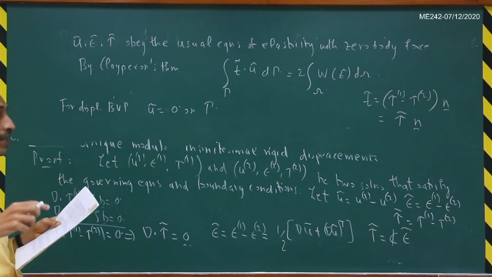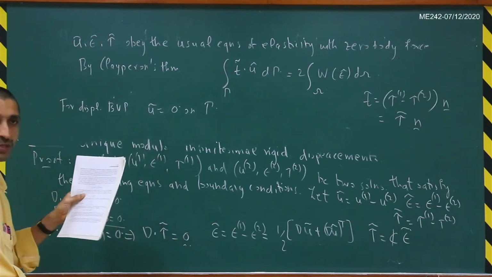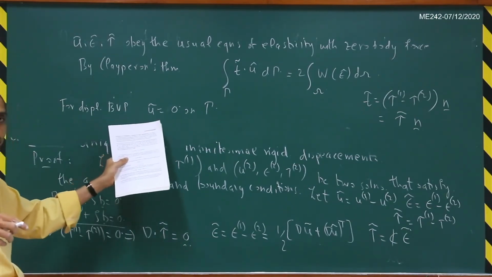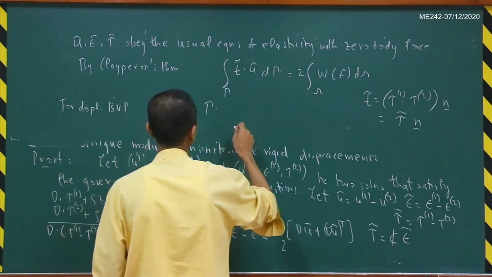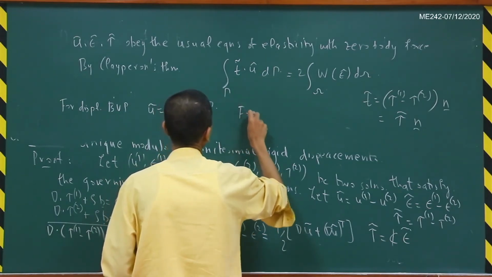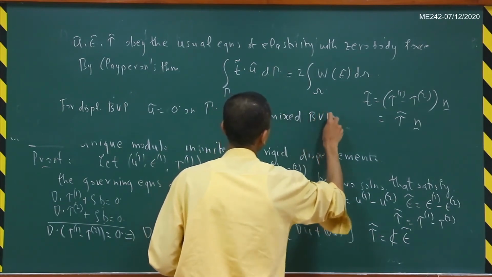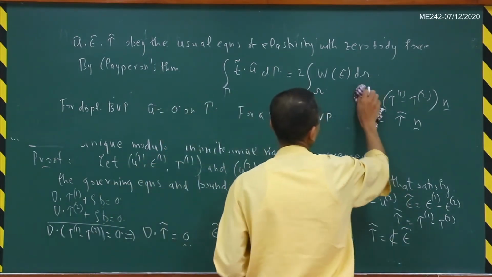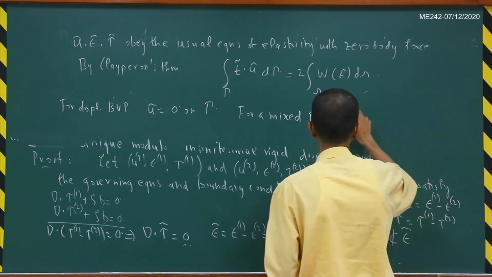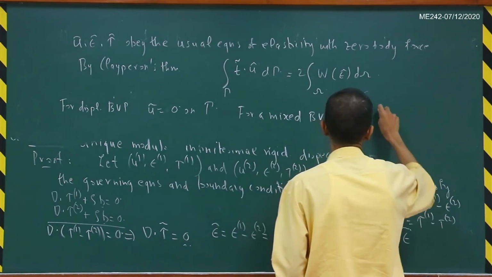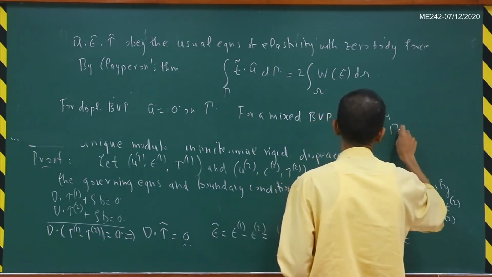Then u tilde, which is u1 minus u2, will become 0, right? Then for a mixed boundary value problem, we will get that u tilde is equal to 0 on gamma u, and t tilde is equal to 0 on gamma t.